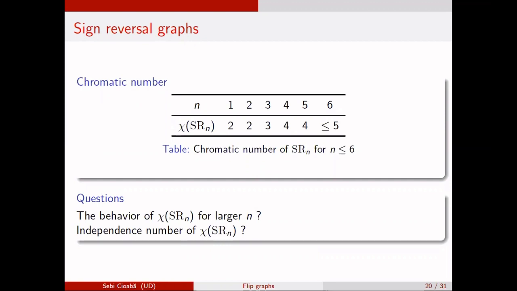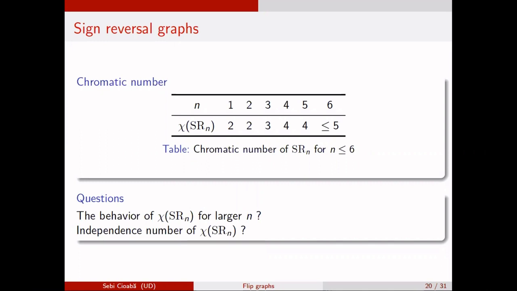And it's actually, you go into another rabbit hole, like, okay, what about this sign reversal graph? I'll tell you in a second why this could help us potentially for the flip graph. But for example, when n equals 2, the graph is the cube, the 3-dimensional cube.